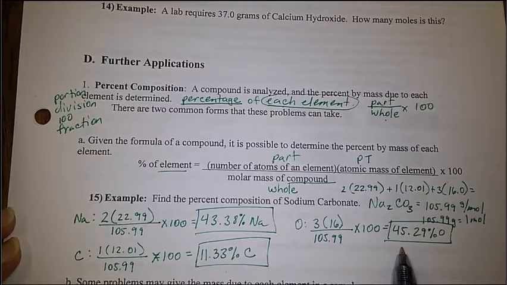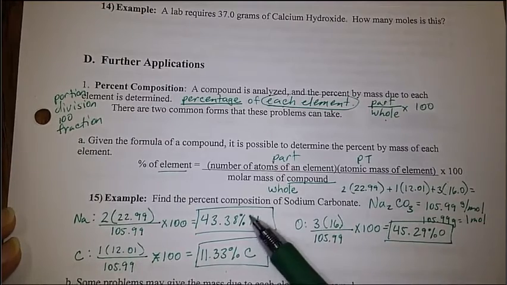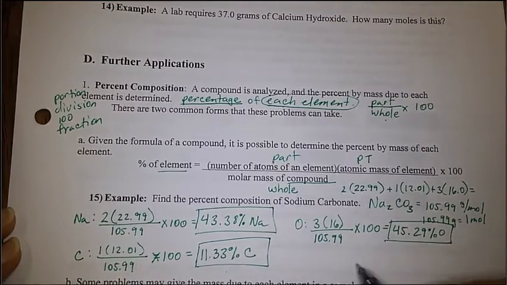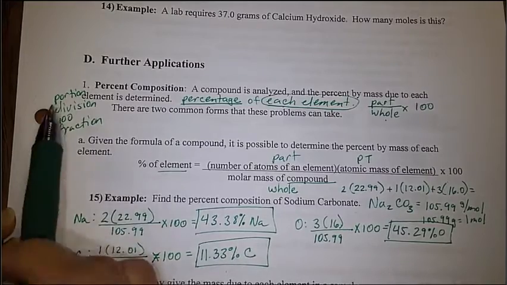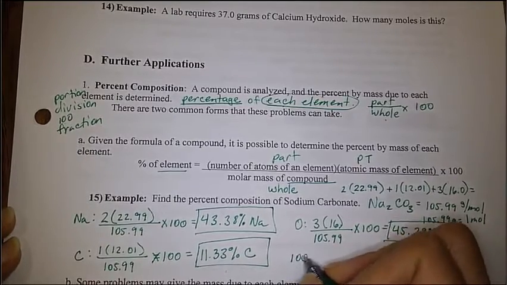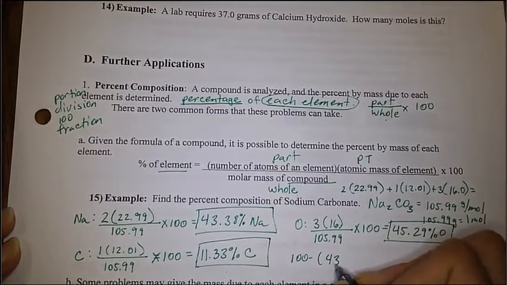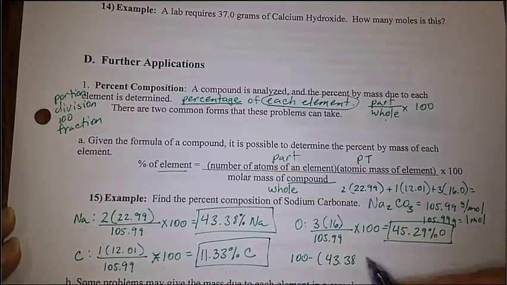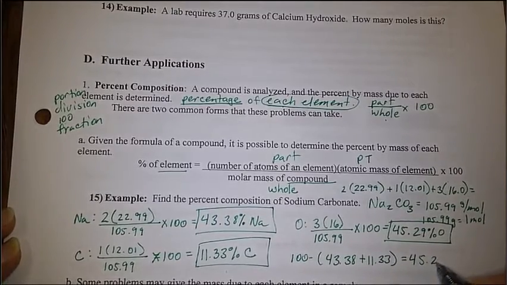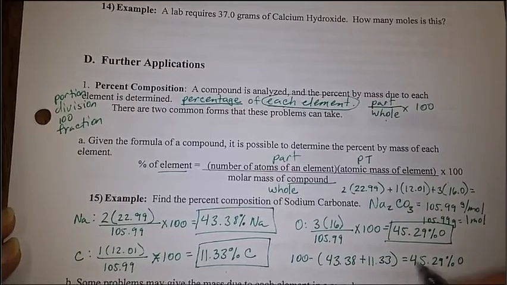Okay? So when you add all 3 of these up, you should get a total of 100%. You could also just calculate these 2, and remember, when we're talking about a percentage, we're talking from 100%. So you could do 100 minus 43.38 plus 11.33, and when you get that, you should get 45.29% of oxygen.